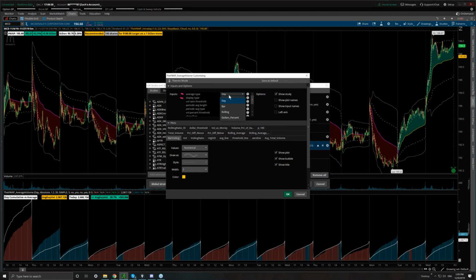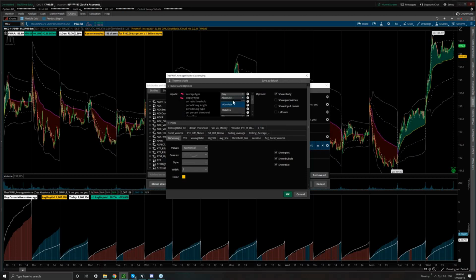For average type, we've got 4 options, day, bar, rolling, and $%. We've just looked at the day absolute variant. So what that means is the total day's average volume on an absolute basis, meaning we can see 2.66 million shares traded against an average of 2.06 million. We can actually see some volume numbers, right?